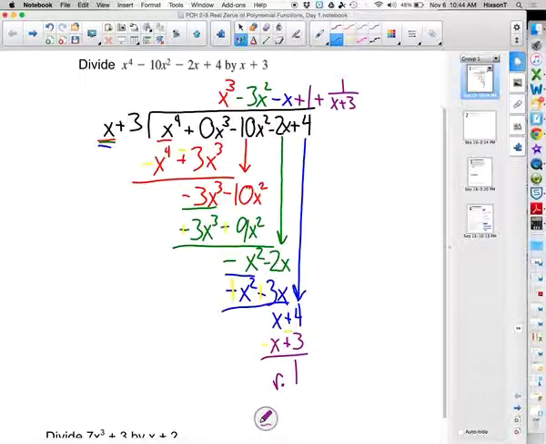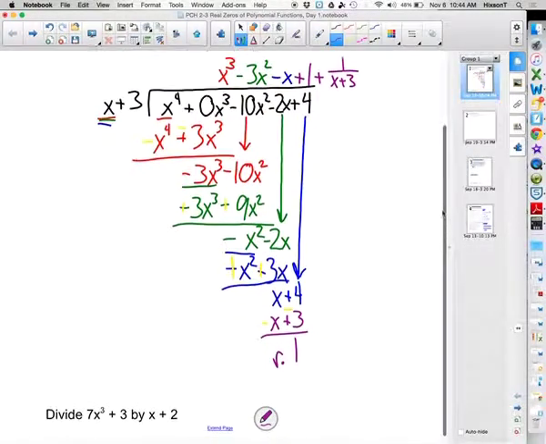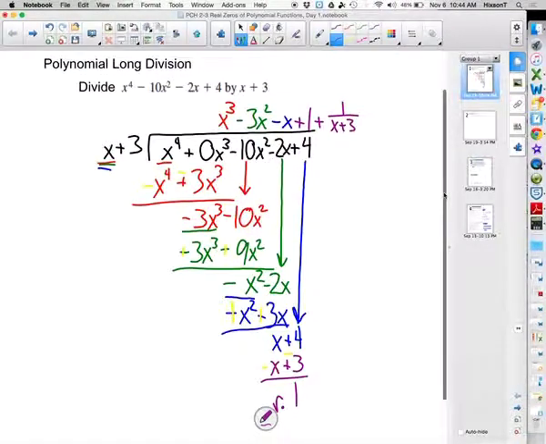Now, I want to stop for a moment and just make sure we understand what this is telling us. This is telling us a couple of things. First of all, I know that this polynomial, x to the 4th minus 10x squared minus 2x plus 4 equals x plus 3 times all of this: x cubed minus 3x squared minus x plus 1, plus 1 over x plus 3.